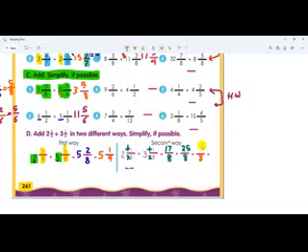And up, 17 plus 25. 7 plus 5 is 12, write 2 and carry 1. Then 1 plus 1 is 2, 2 plus 2 is 4. So it's 42 over 8. But 42 over 8, you learned that if the numerator is bigger than the denominator, we call it an improper fraction.